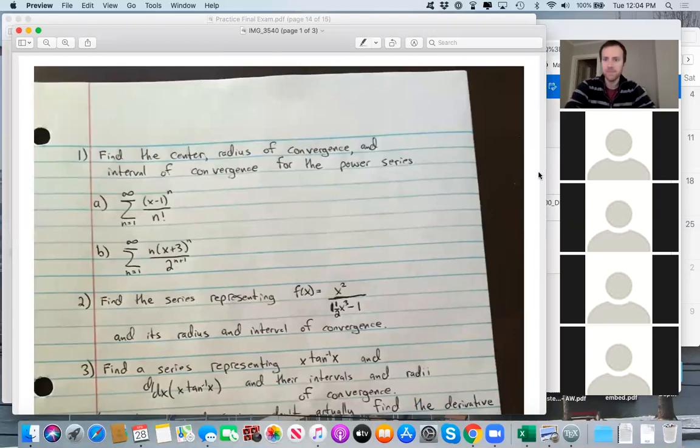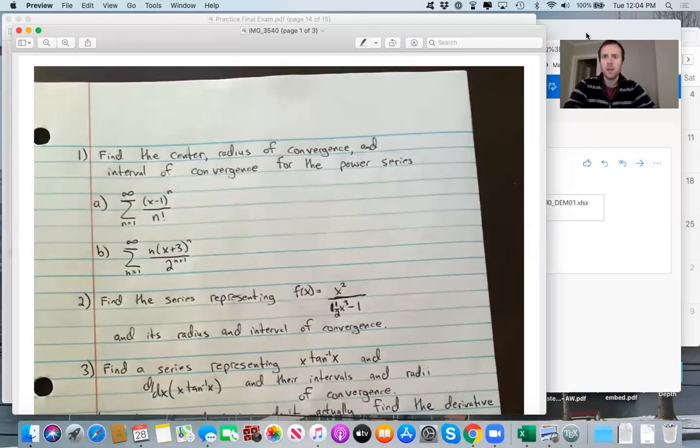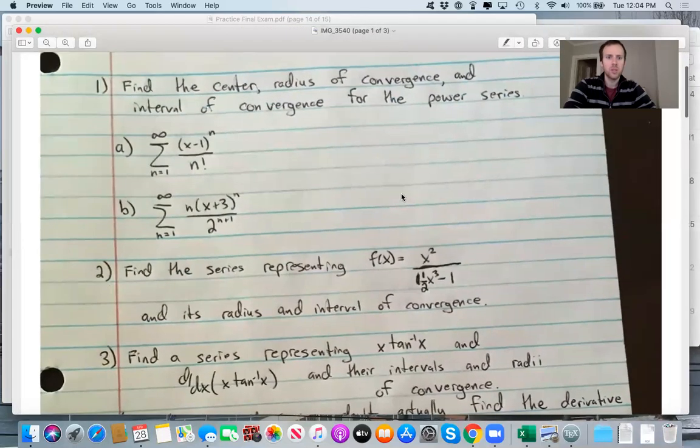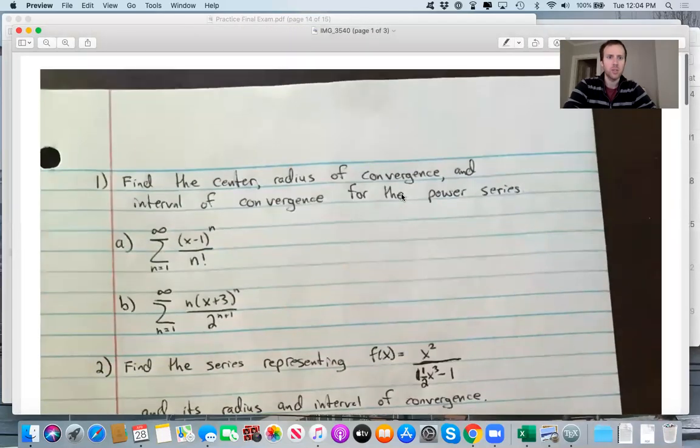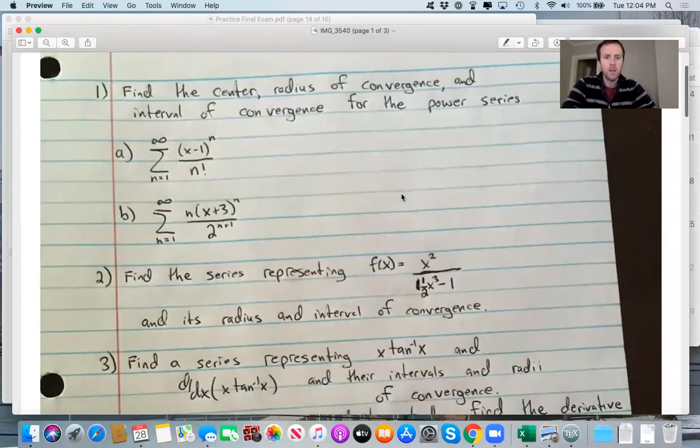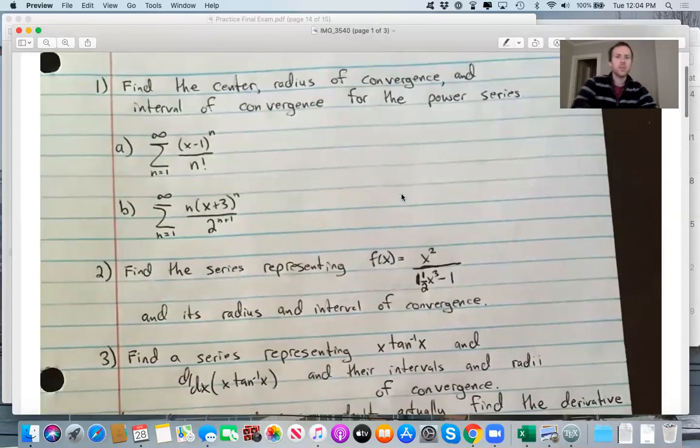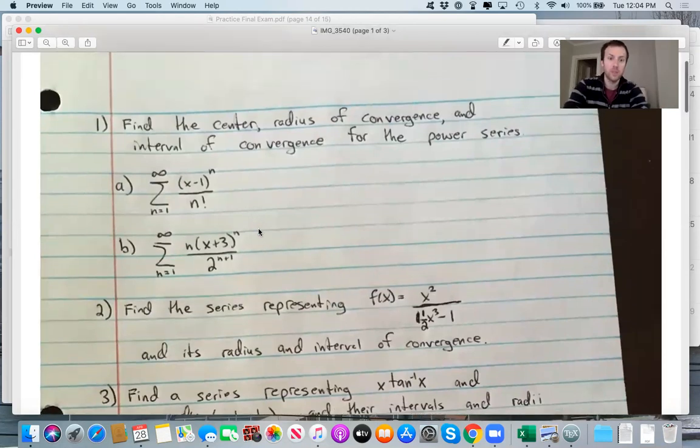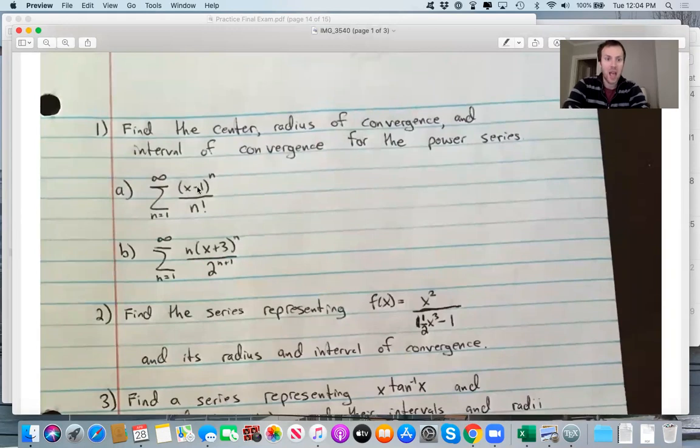So now we're good. So let's talk about some of these problems involving power series. The two big types, especially so far, are: you're given a power series. So it has some variable in it, and it's always going to be some variable raised to a power.